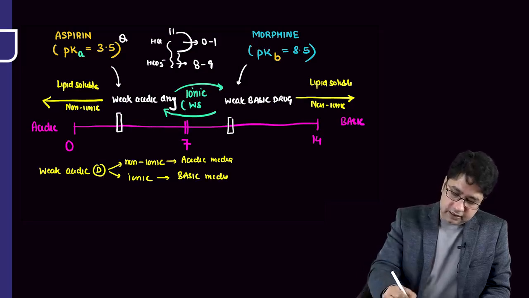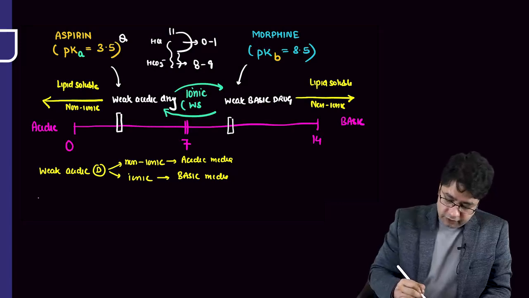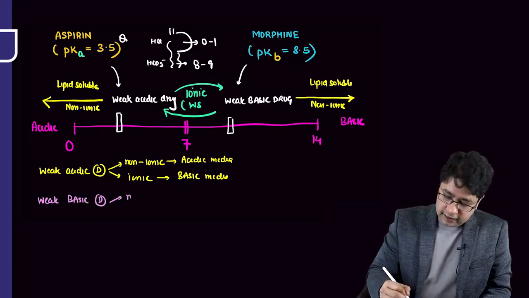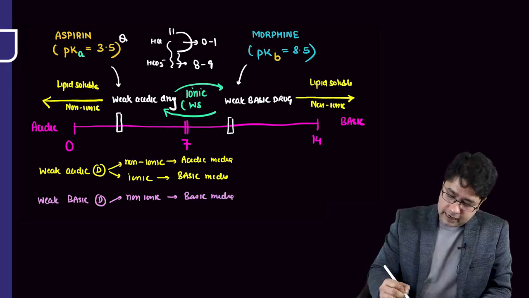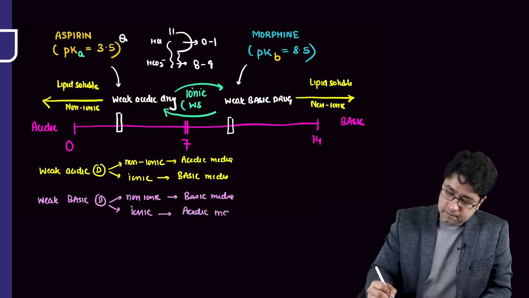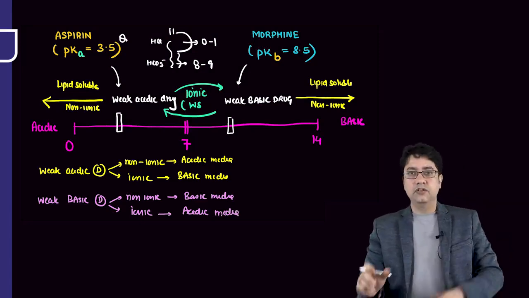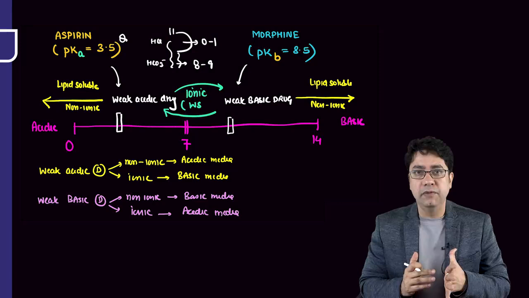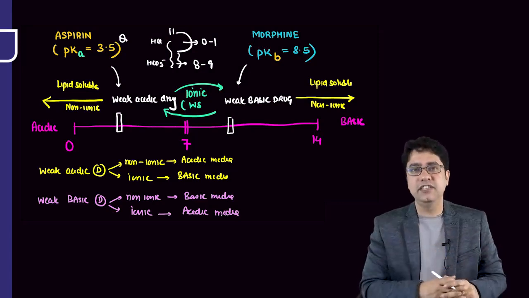Similarly, we will write for weak basic drugs. They become non-ionic in the same media, that is basic media, and they become ionic in the opposite media, that is acidic media. Okay, so their lipid solubility and water solubility changes.